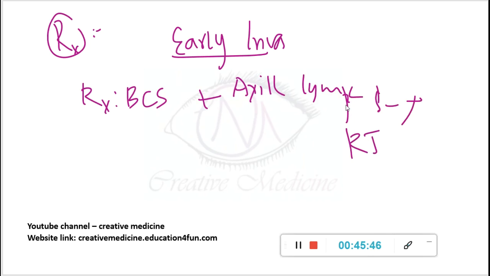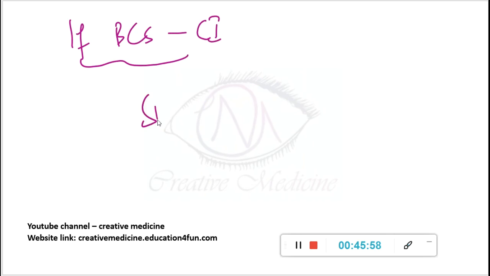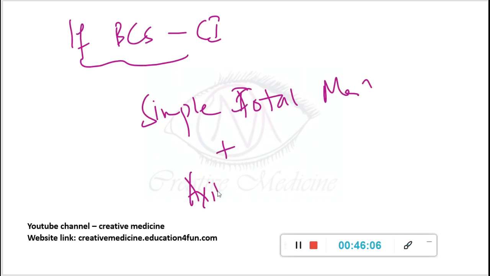For early invasive breast carcinoma, breast conservative surgery should be done with axillary lymph node sampling and radiotherapy. If breast conservative surgery is contraindicated, you should do simple total mastectomy with axillary lymph node dissection.